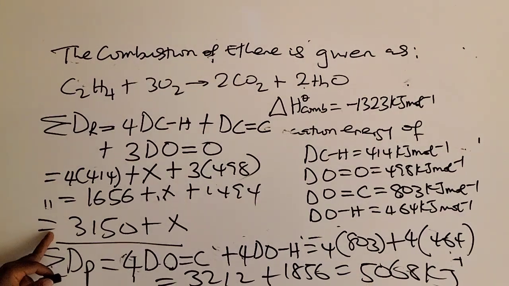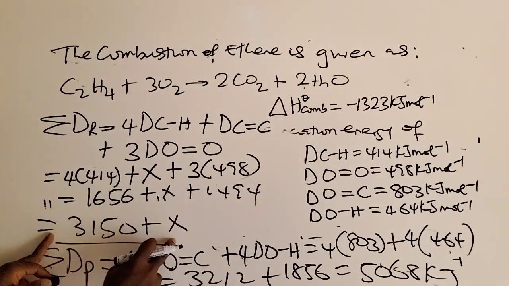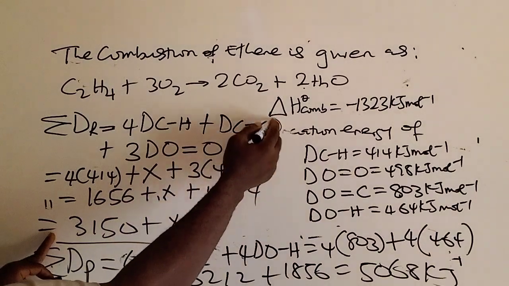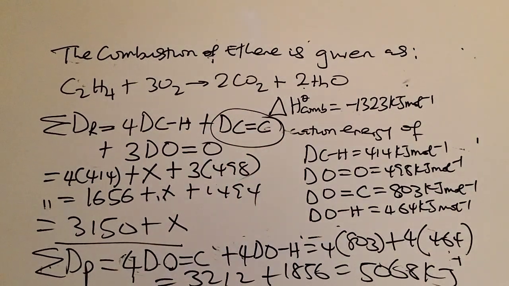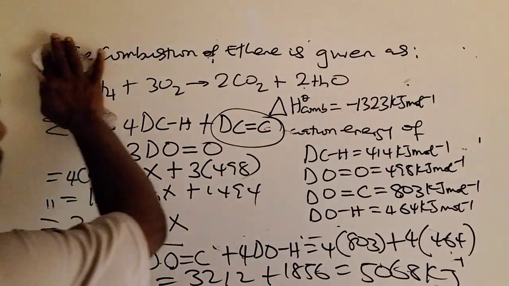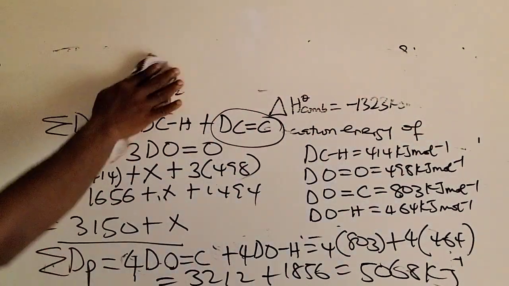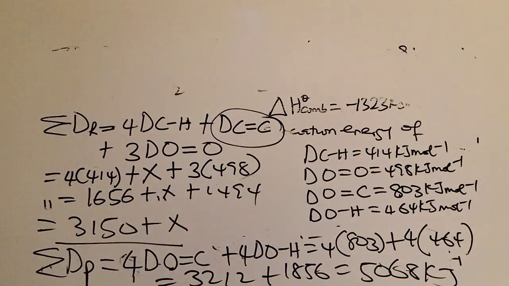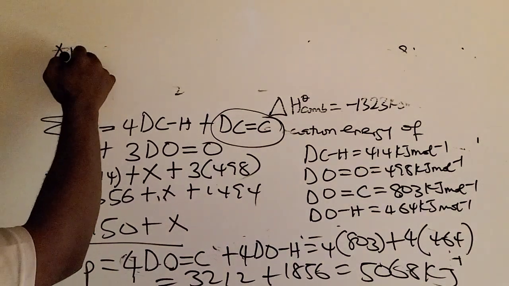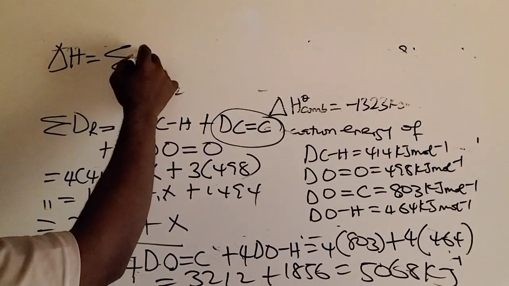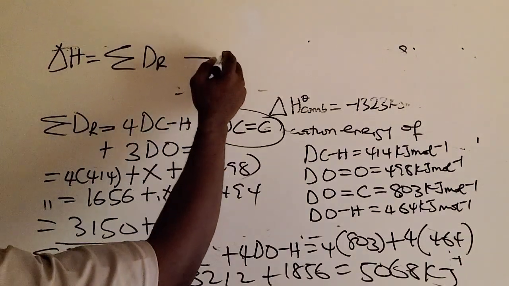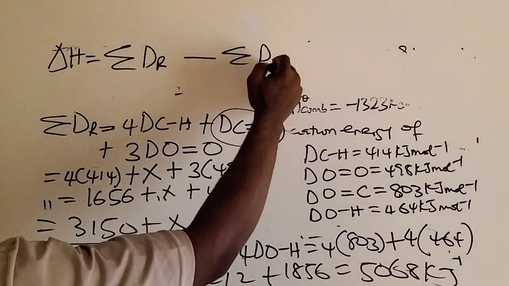5068. The reactant, 3150 plus S. S is unknown, that of carbon-carbon double bond we're looking for. So having understood that, we can go ahead, wipe the upper part and then work over there. To solve it, we know that the enthalpy change will be the summation of bond energy of reactants minus that of the product.